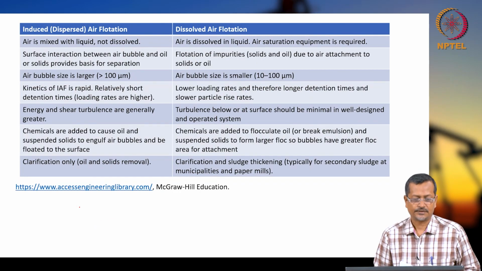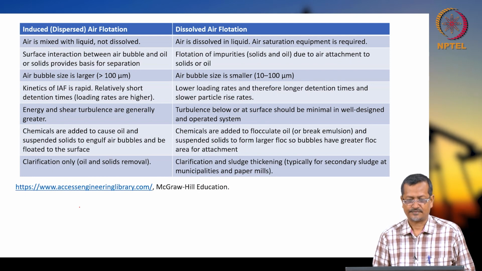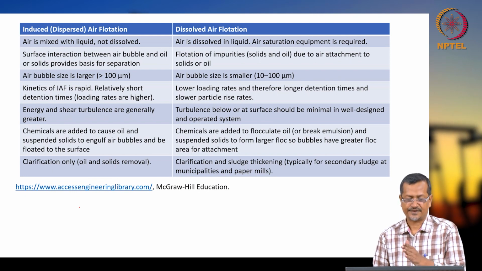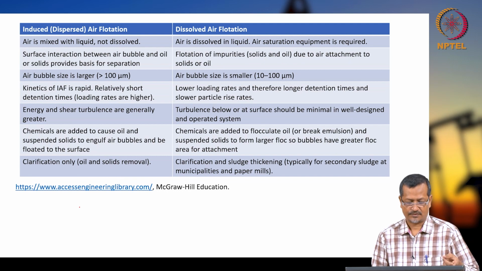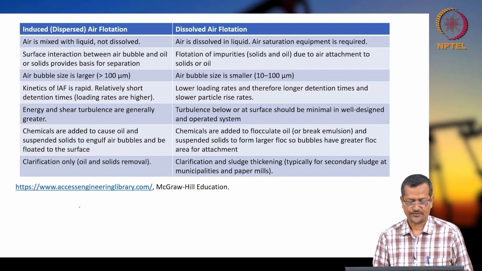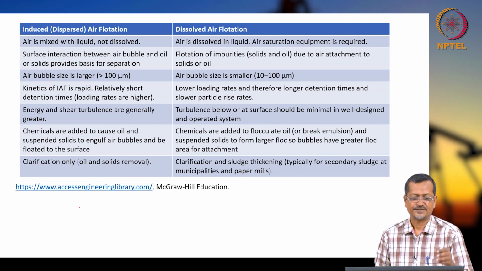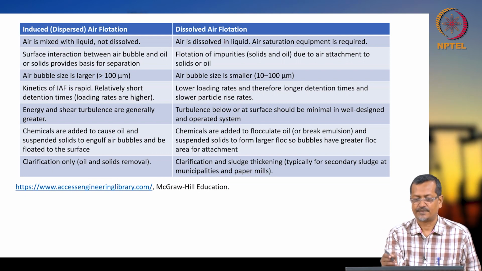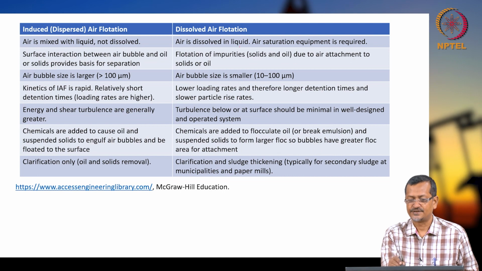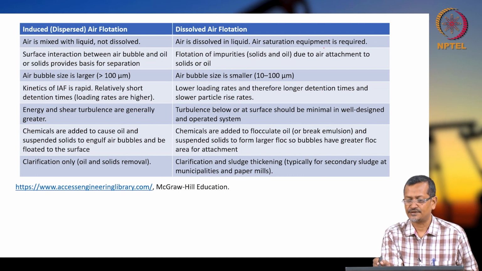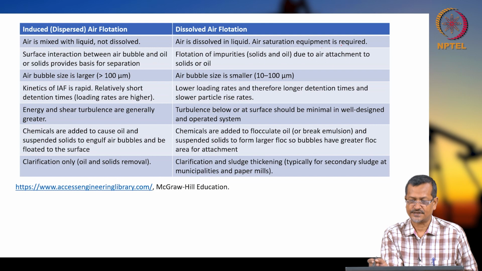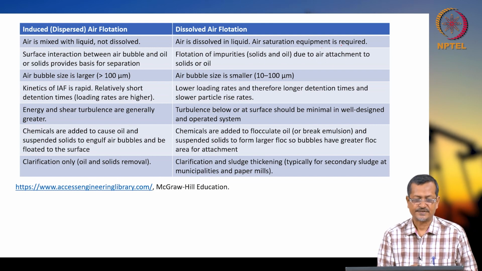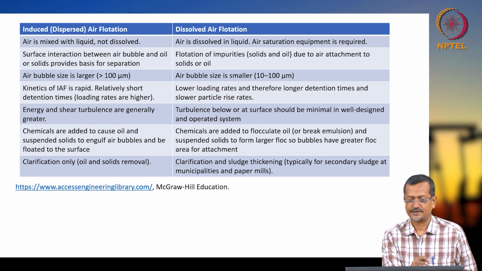Some distinct differences I got from a document on a website. In induced or dispersed air flotation systems, air is mixed with liquid, not dissolved. For dissolved gas systems, air is dissolved in liquid, and air saturation is required, so a larger amount of air will be there. Air bubble size is larger in the dispersed case and smaller in the dissolved case.